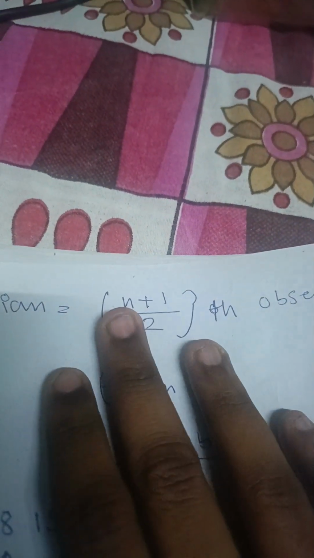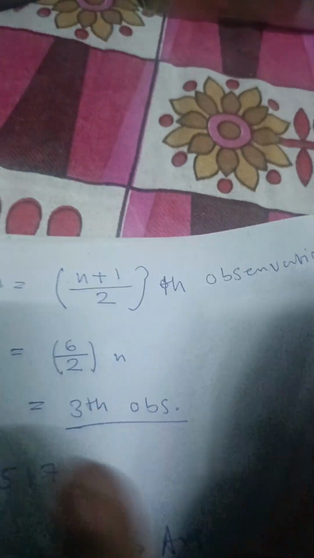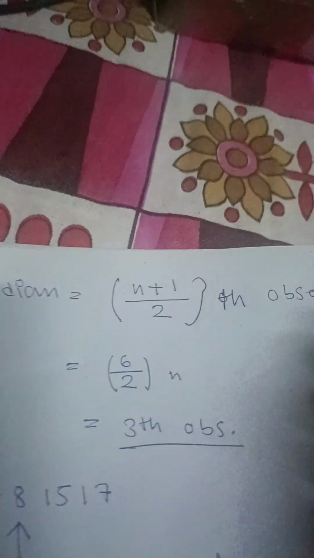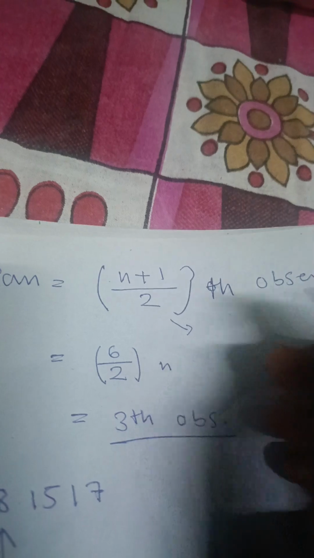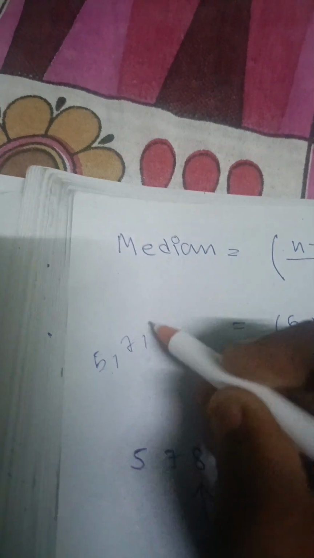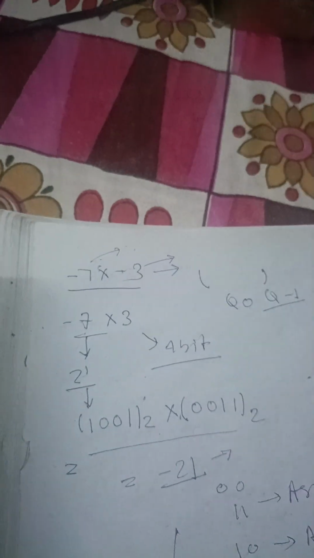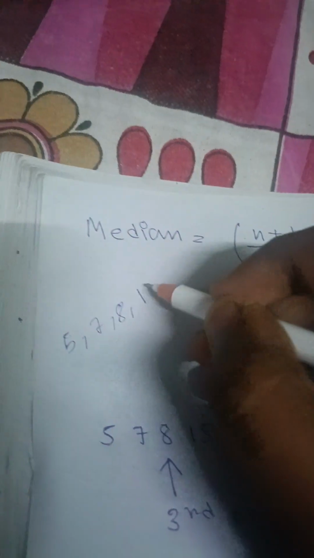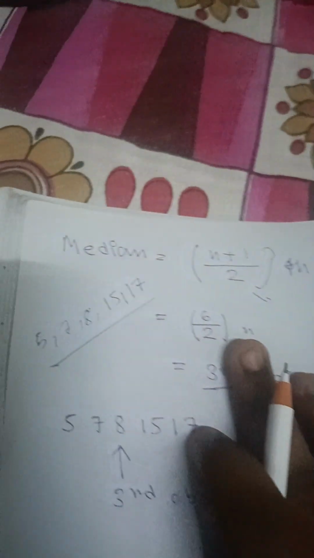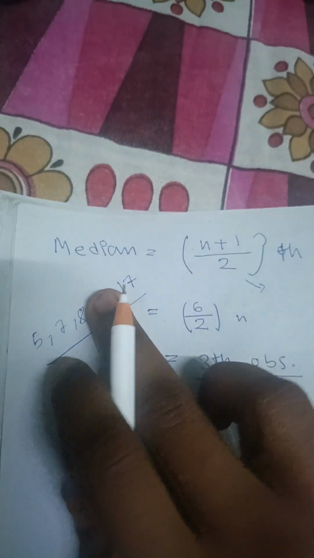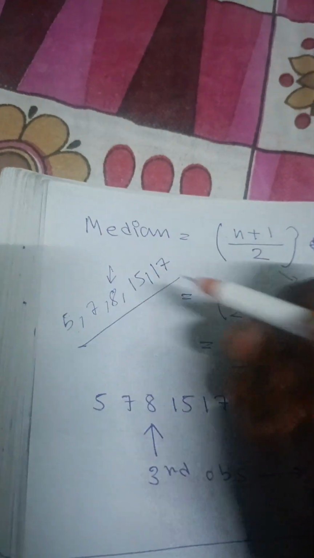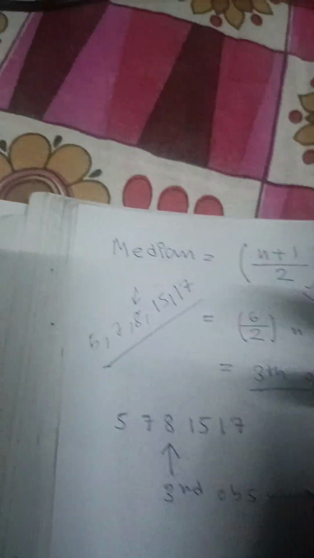th observation. So with 5, 7, 8, 15, 17, there are 5 data points. If the number comes to 3, then the third observation is the median.